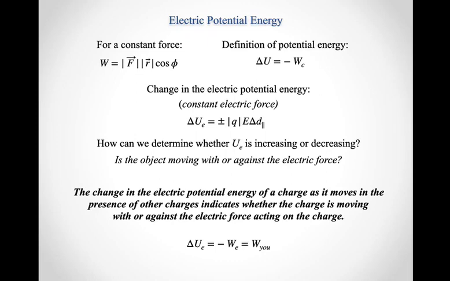In that case, the electric force was pushing them apart. They moved with the electric force. The electric potential energy decreased because the electric force did positive work. And that minus sign sitting in front of the work done by the electric force says if the electric force does positive work, then the change in the electric potential energy will be negative.